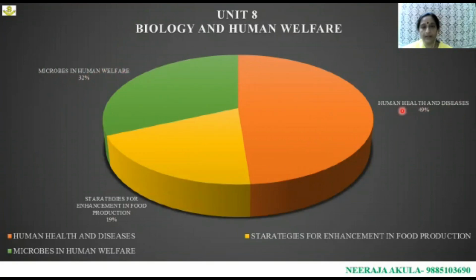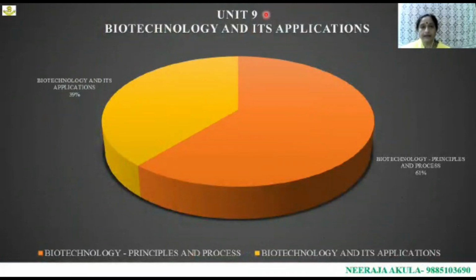Maximum number of bits appear from Human Health and Diseases. And then Unit 9, Biotechnology and its Applications, associated with 2 chapters: Biotechnology Principles and Process, Biotechnology and its Applications. Maximum number of bits appeared from Biotechnology Principles and Process.